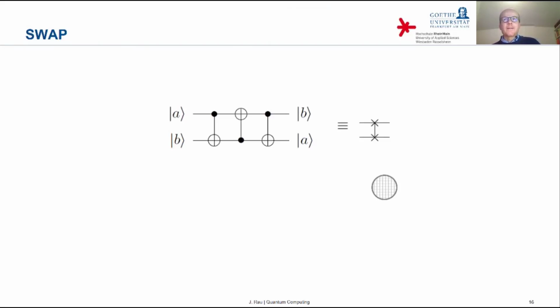For example, when you have 3 C naughts in a row, where the one in the middle is sort of you flip the roles of control and target, then the net effect of these 3 C naughts is a swap of basis states. So if you come in the state AB, then you go out in the state BA.